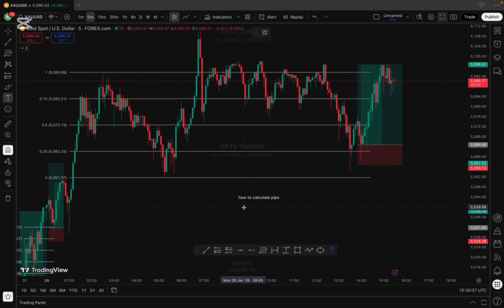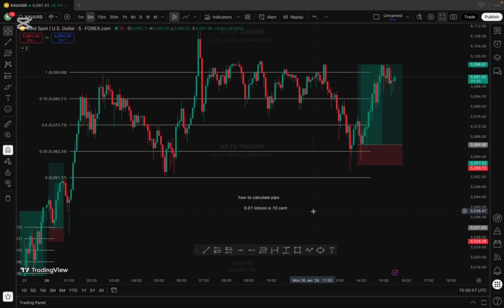So for example, 0.01 lot size is 10 cents. 0.01 lot size is 10 cents.